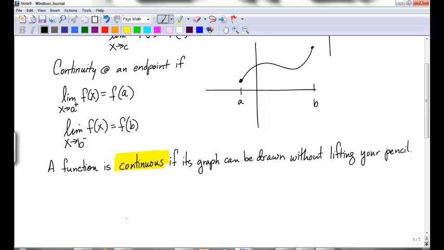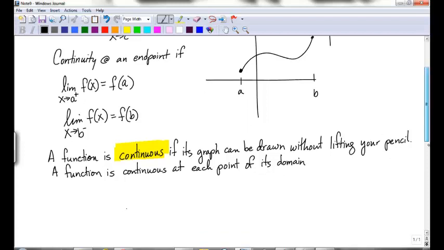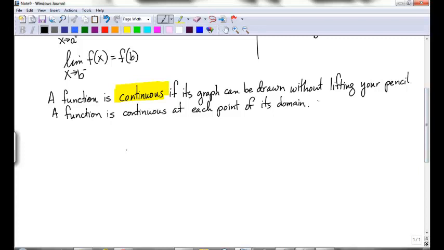Tangent, cotangent, secant, cosecant are not continuous. And that means a function is continuous at each point of its domain. Now, that means you've got to look at division by zero and square roots of negatives. What is the domain for the function you're looking at? So that's their idea of continuous.